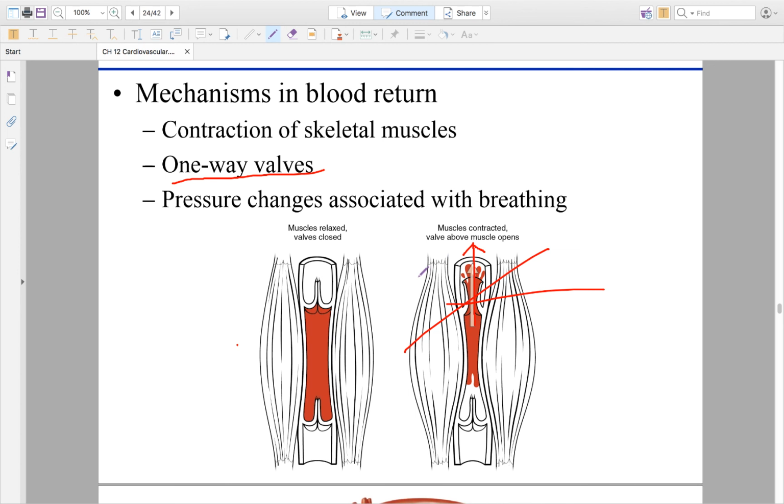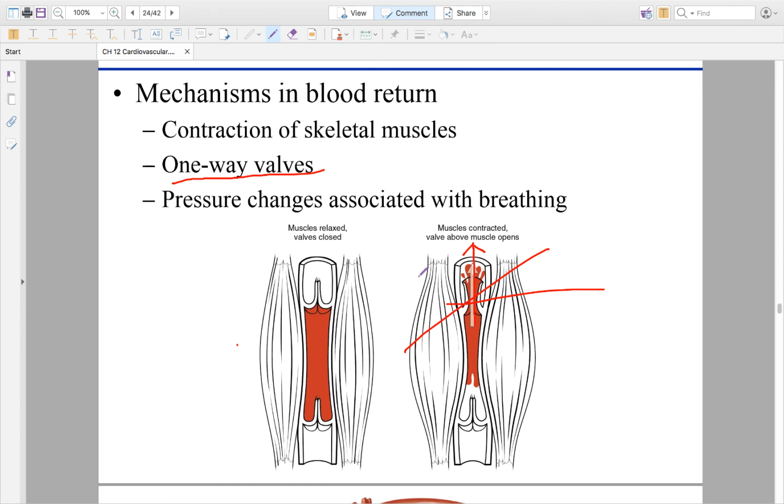So basically it's a one-way valve. The muscles contract and push the blood through the valve, and once the blood is through the valve, it closes. So it can't go backwards, which is good because we need it to move towards the heart.